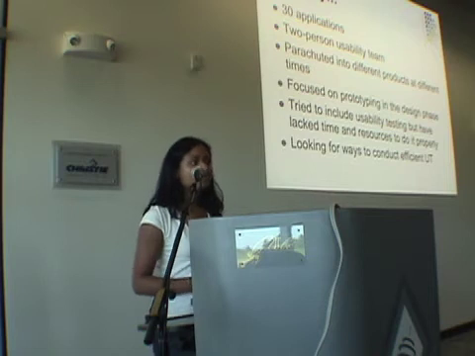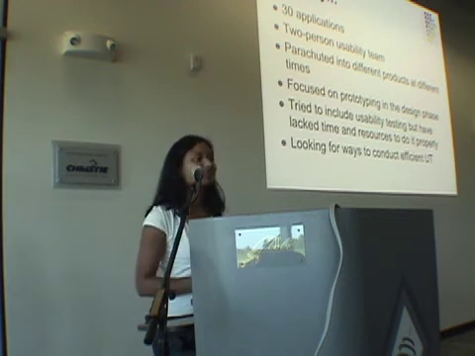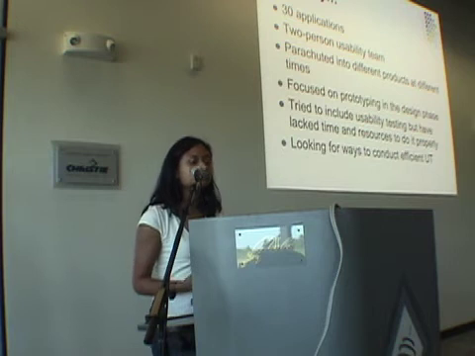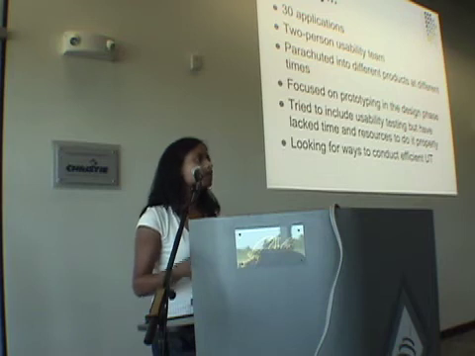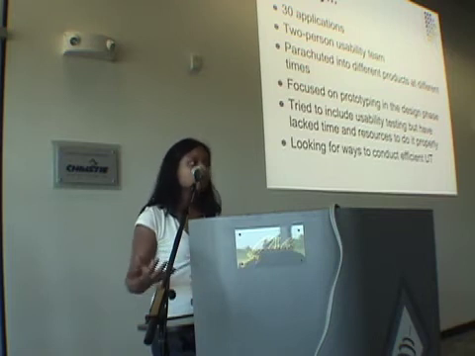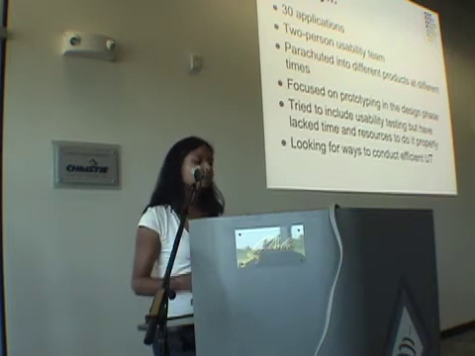But in reality, we've got about 30 different products to cover. There's only two of us, we're the usability team. So what happens is we're actually parachuted into the different products, usually during the design phase. So we focus on task analysis, user analysis, defining user roles, doing the prototypes, and then we get pulled off into other projects.